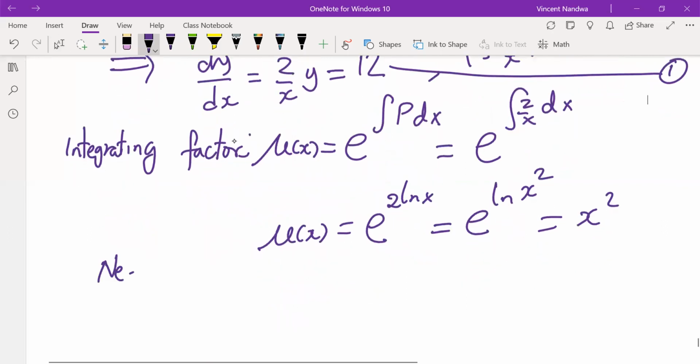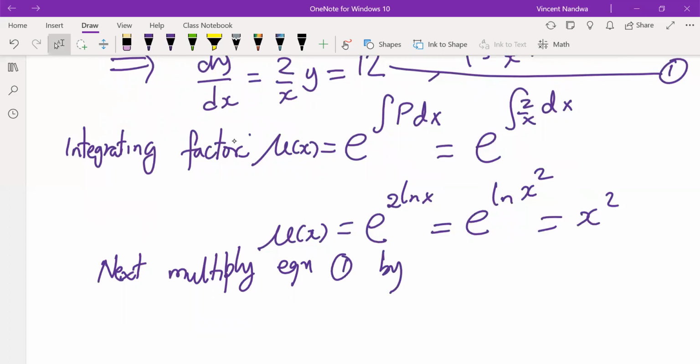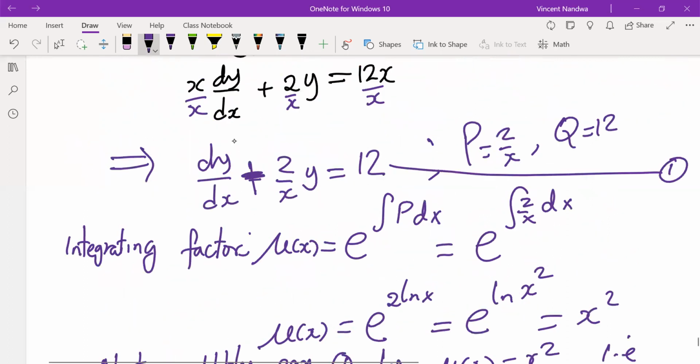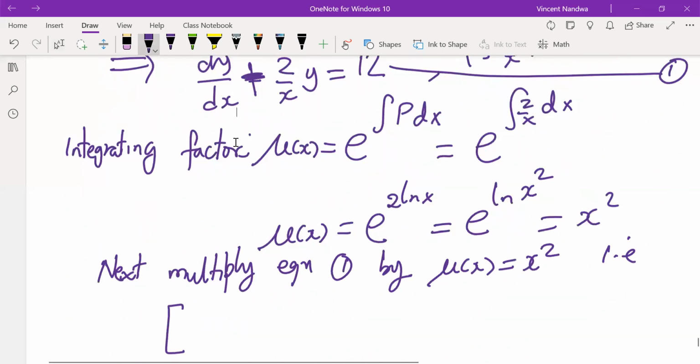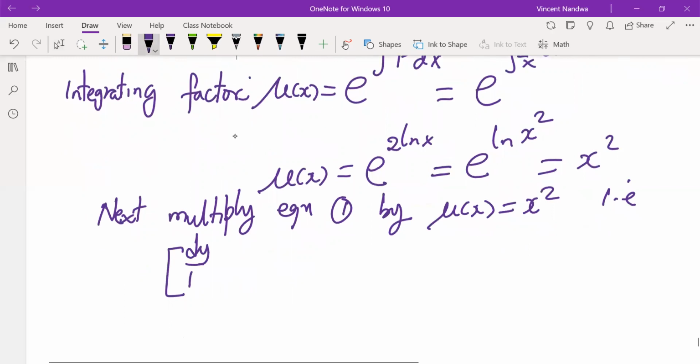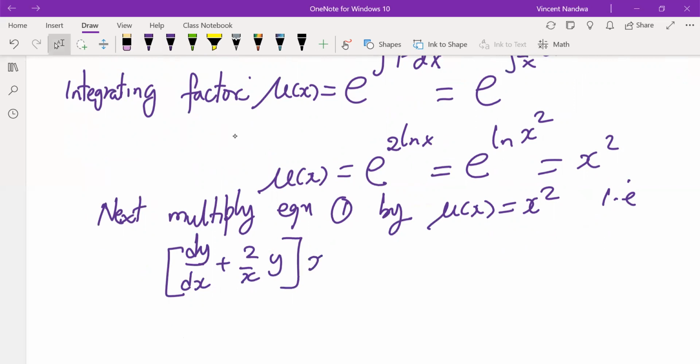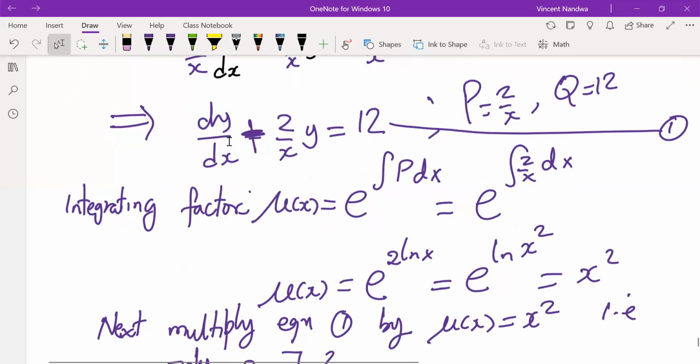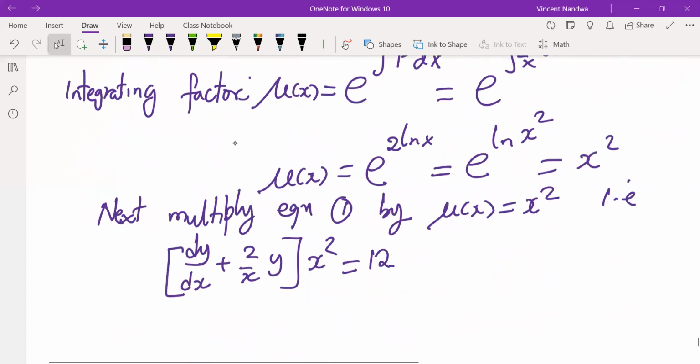So next, multiply equation 1, which is already in standard form, by mu of x, which is x squared. That is, we'll have dy/dx plus 2 over x y, times x squared, equals 12 times x squared.